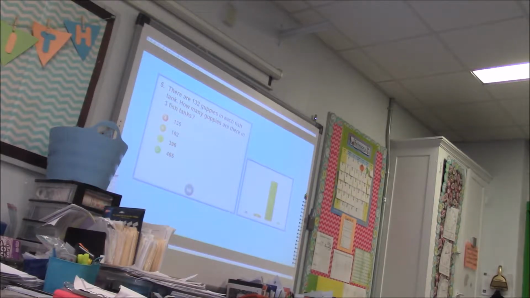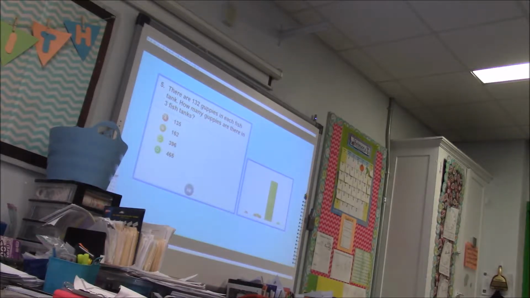Okay, there are 132 guppies in each fish tank. How many guppies are there in 3 fish tanks? How did you solve this problem, Bella? Okay, so you took 3 times 2 was 6, and then 3 times 3 was 9, and then 3 times 1 is 3.